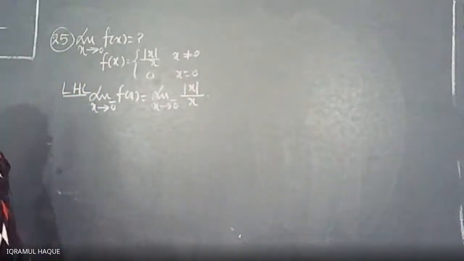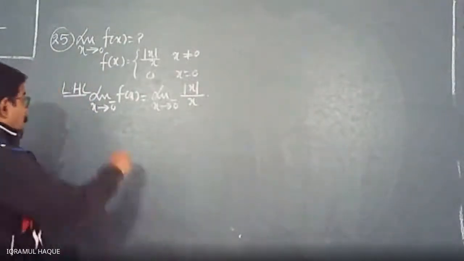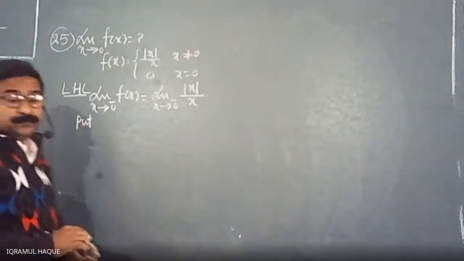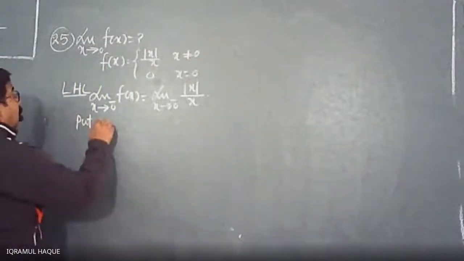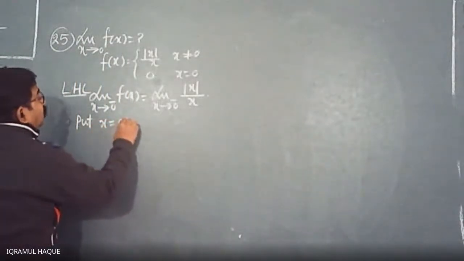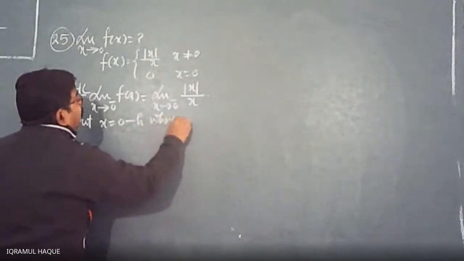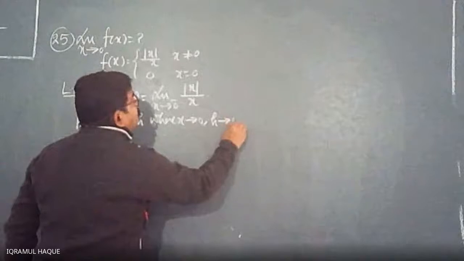Now, I told you in case of LHL we write limit minus h. So we put x is equal to 0 minus h, where x tends to 0 and h tends to 0.